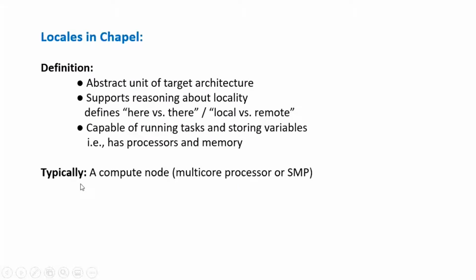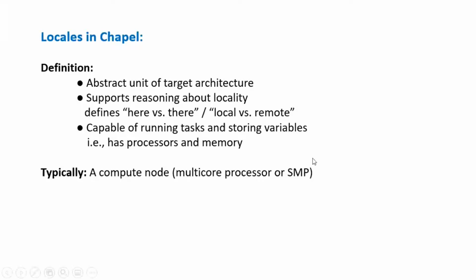The first concept in Chapel is the locale. The locale is an abstract unit of target architecture, and it supports reasoning about locality. You can tell whether a variable is local or remote.